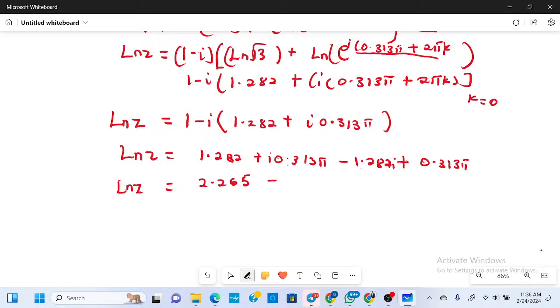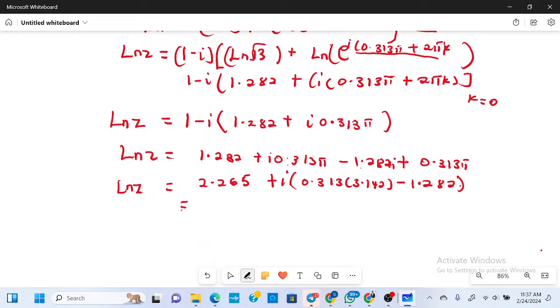So I'll have i out, open bracket, 0.313 by 3.142 minus 1.282, like this. So this is what I'm doing.